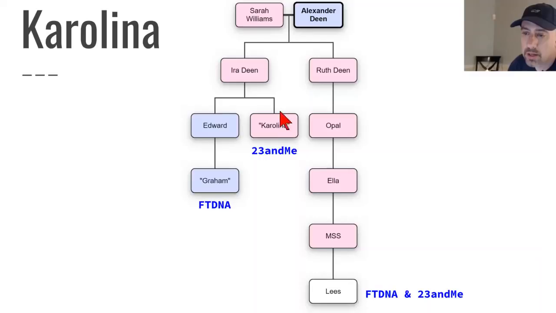I know Karolina's family tree to be accurate. Karolina's daughter responded to some of my messages, and so I know that she is Ira Dean's daughter, and I know that these connections are correct. So this is a more certain connection, and if my tree for Graham is correct, then he is Karolina's nephew.